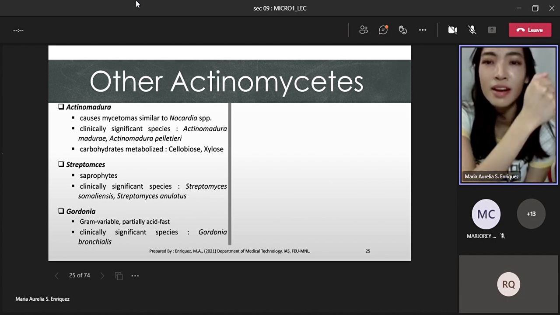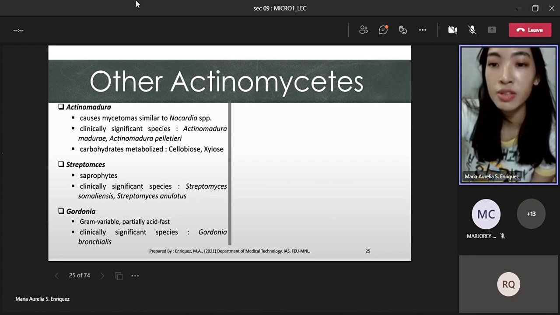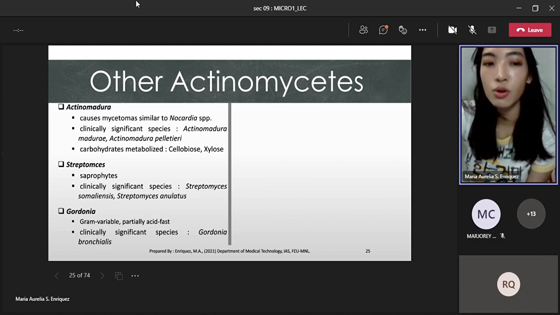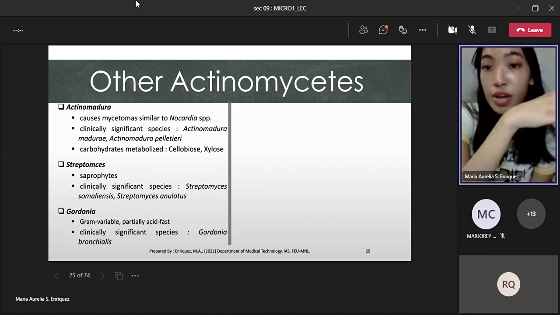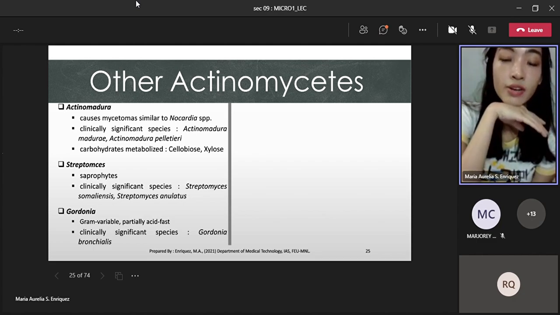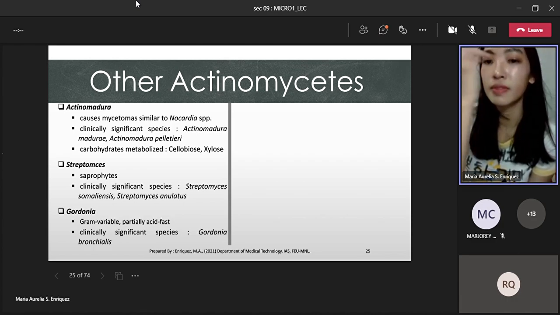Okay, so again, kahawig na naman niya yung Nocardia. They may be distinguished from the genus Nocardia by their ability to reduce nitrate. So kung gusto natin i-differentiate yung Nocardia versus Gordonia, we could do the nitrate reduction test. So magpa-positive yung Gordonia and negative ang Nocardia. Okay?